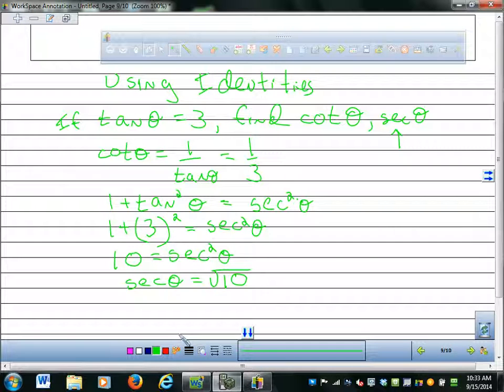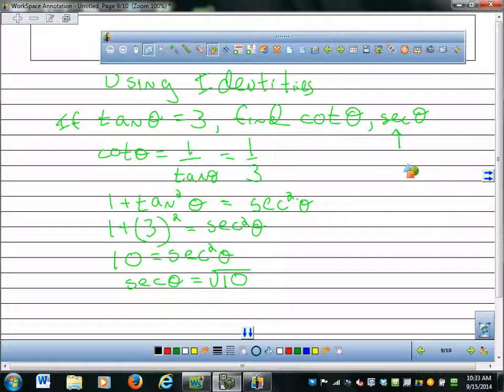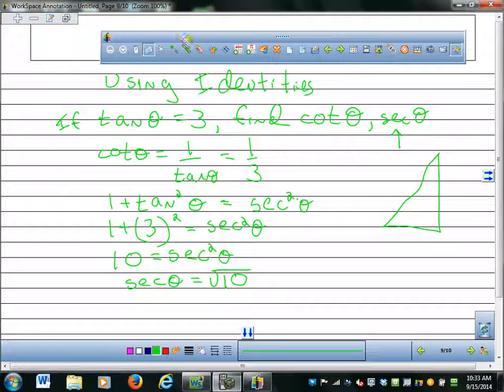Yes? Yeah, and this is just for right triangles. Okay. And what does that mean if I were to draw a picture? I want to draw the picture of a right triangle. So, if this is a right triangle, and this is theta over here, and say I know that tangent of theta is 3 over 1.